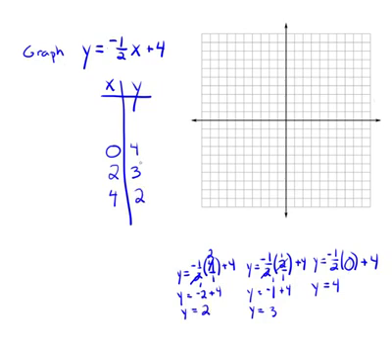So I see a pattern here. This next one will be a 1, and then a 0, and then the next one will be negative 1. But over here on the x side, it's going to go up by 2. So 2, 4, 6, 8, and 10.